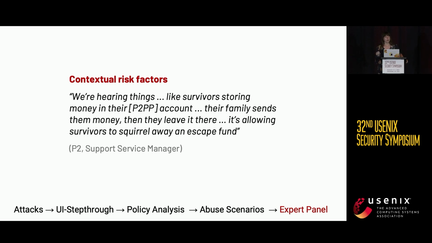So for example, while we expected peer-to-peer payment applications to match other literature, which suggests they're mostly used in social settings such as reimbursing a friend for a meal, we actually found that in these contexts, peer-to-peer payment applications are used by many survivors as an essential lifeline, particularly when a main bank account has been taken over. So for instance, this support service manager explains that they had several accounts of survivors using this as an emergency fund, an escape fund to be able to leave an abusive relationship.